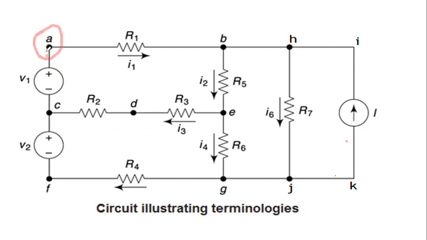This is just a connection between this one and this one. We will not take this as a node. This is a node, but it is not an essential node. We are talking about essential nodes. So whenever we go for our study and analysis, we will not consider this as a node.